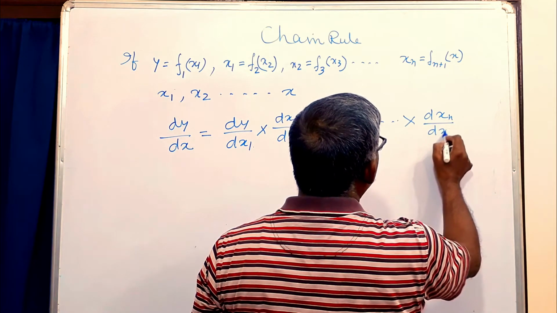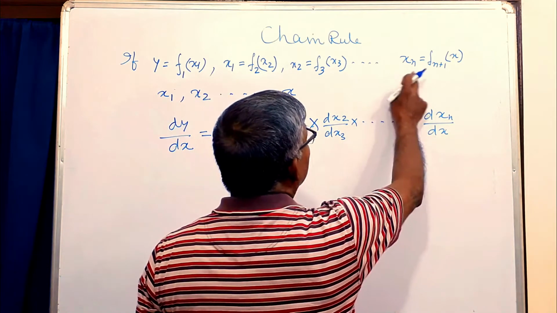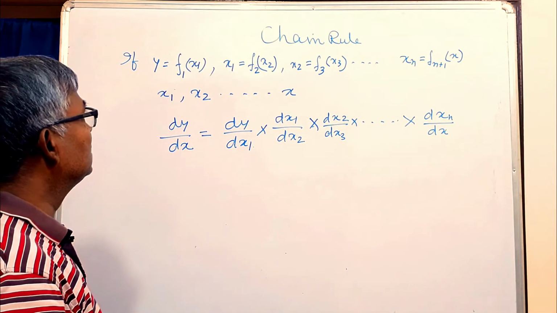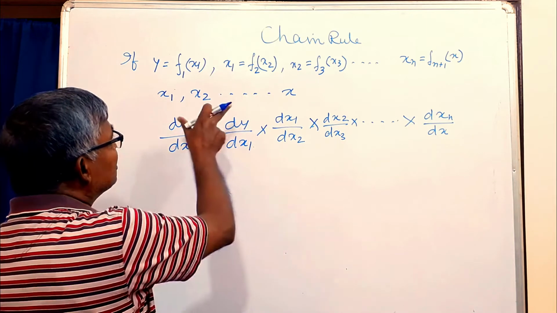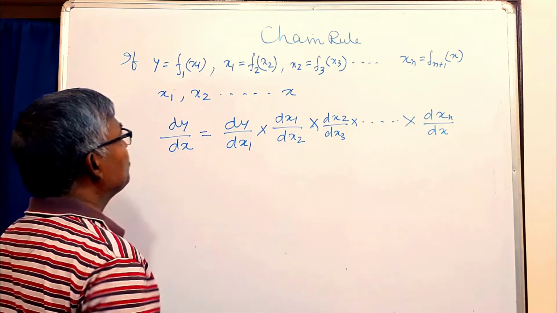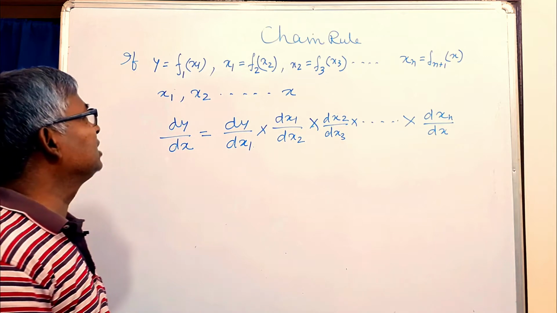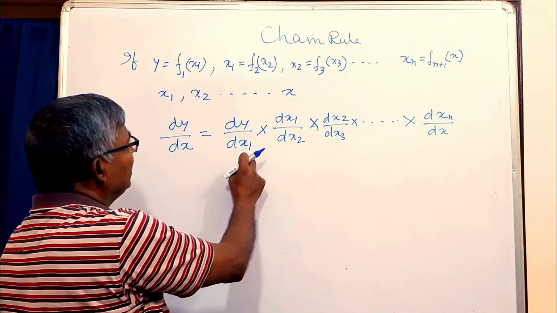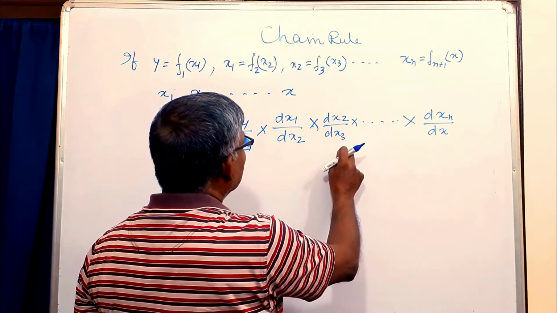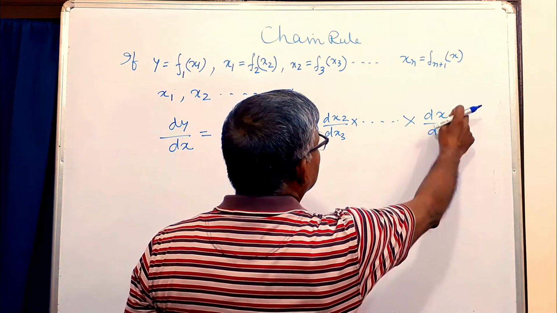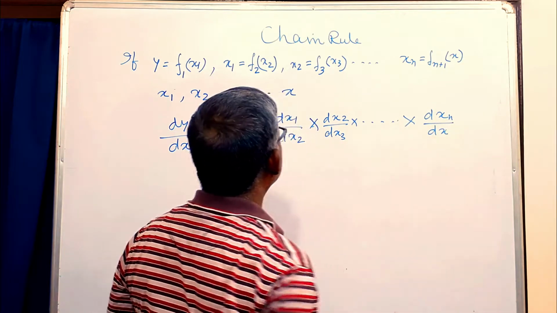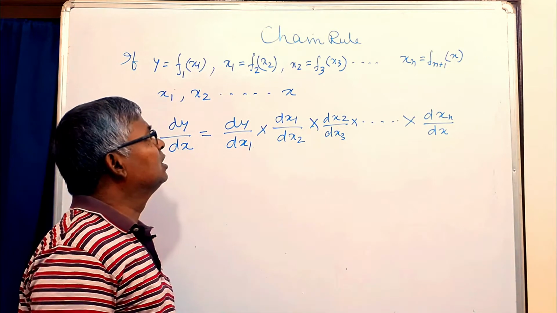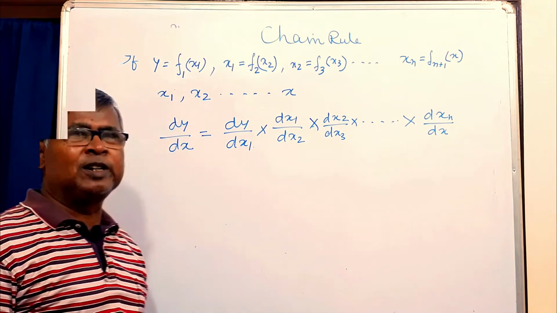Here you see xn is a function of x. So suppose the composite function is of this nature, then what would be the chain rule? dy/dx equals dy/dx1 into dx1/dx2 into dx2/dx3 into dxn/dx. So with the application of this formula you can solve the mathematical problems.